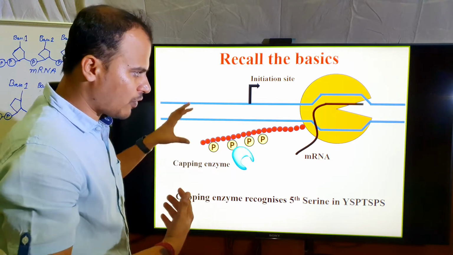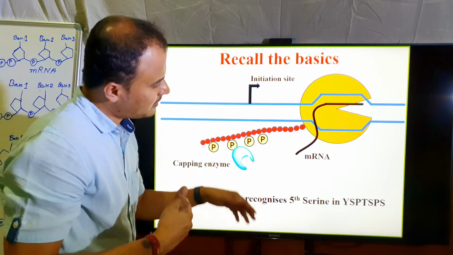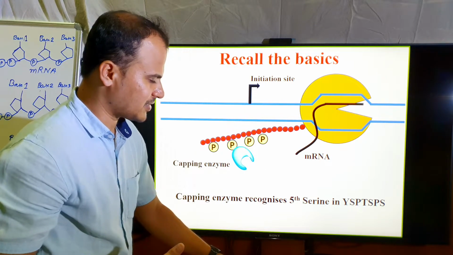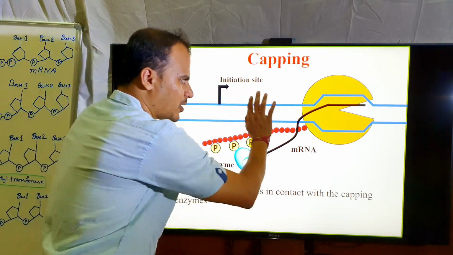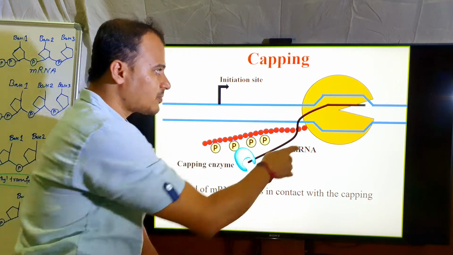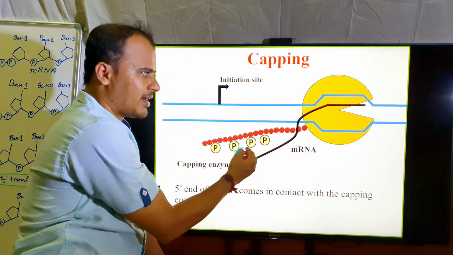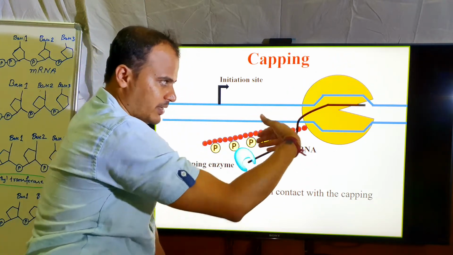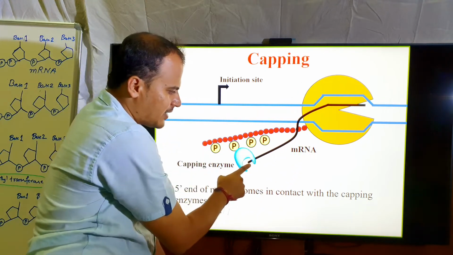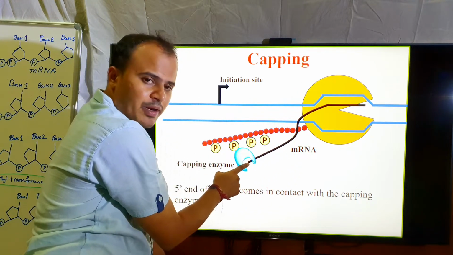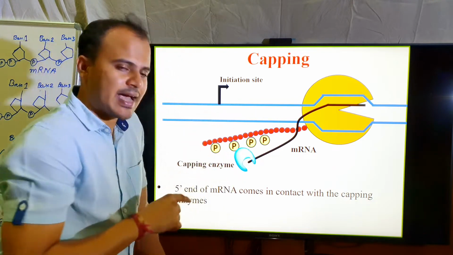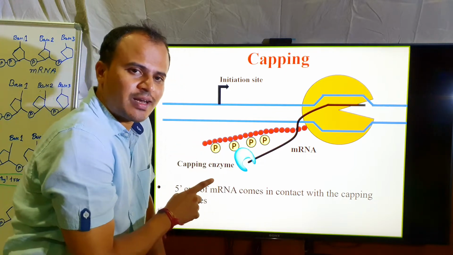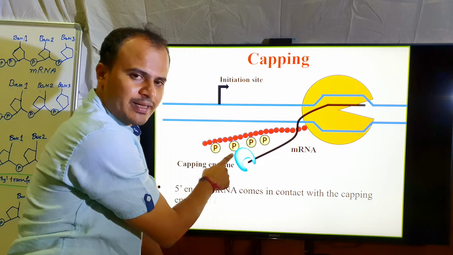Let me explain. If you have followed this picture, I will draw the continuation of this picture. RNA polymerase is moving. There is an initiation site. In this picture, RNA polymerase has moved a little bit further, and you can see that the mRNA has grown a little bit more. That means the transcription bubble has moved along the gene, and the 5' end of the mRNA comes in contact with the capping enzyme that is present with the phosphorylated serine of the YSPTSPS.